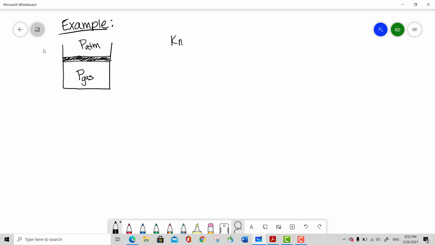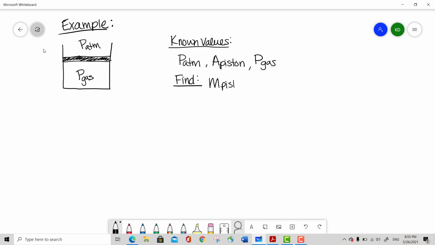And what we know, known values: we know the atmospheric pressure. We know the area of the piston. And we know the gas pressure. And we need to find the mass of the piston.